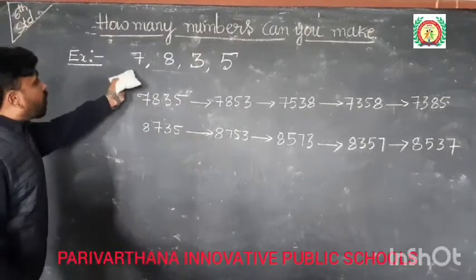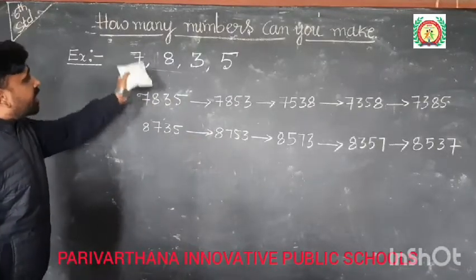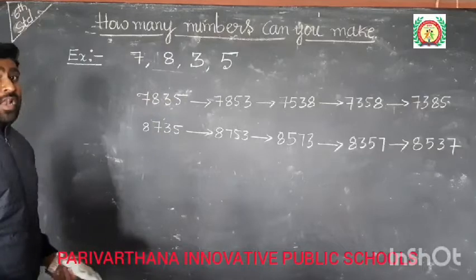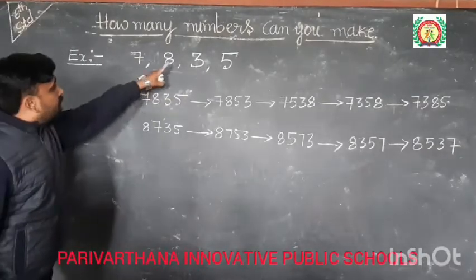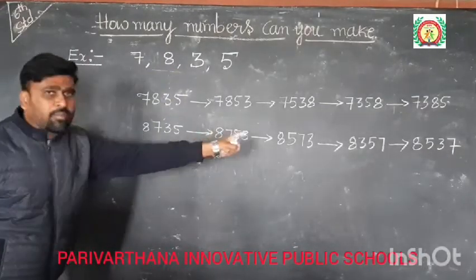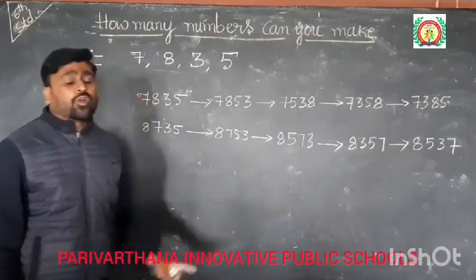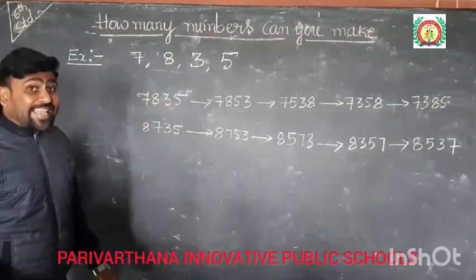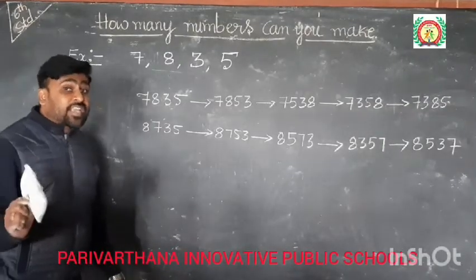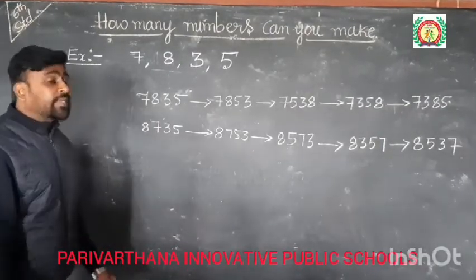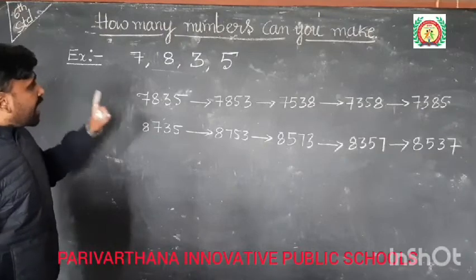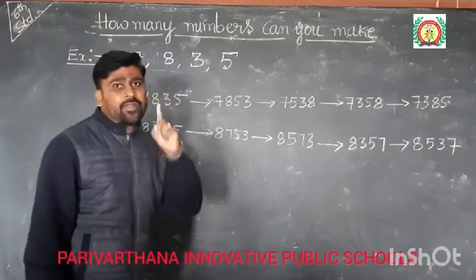We are using the 4 digits, that is 7, 8, 3, 5. Like that, by using the digit 3, again 4 numbers. Again by using the digit 5, again 4 numbers. Total we can make 16 numbers by using the digits 7, 8, 3 and 5.